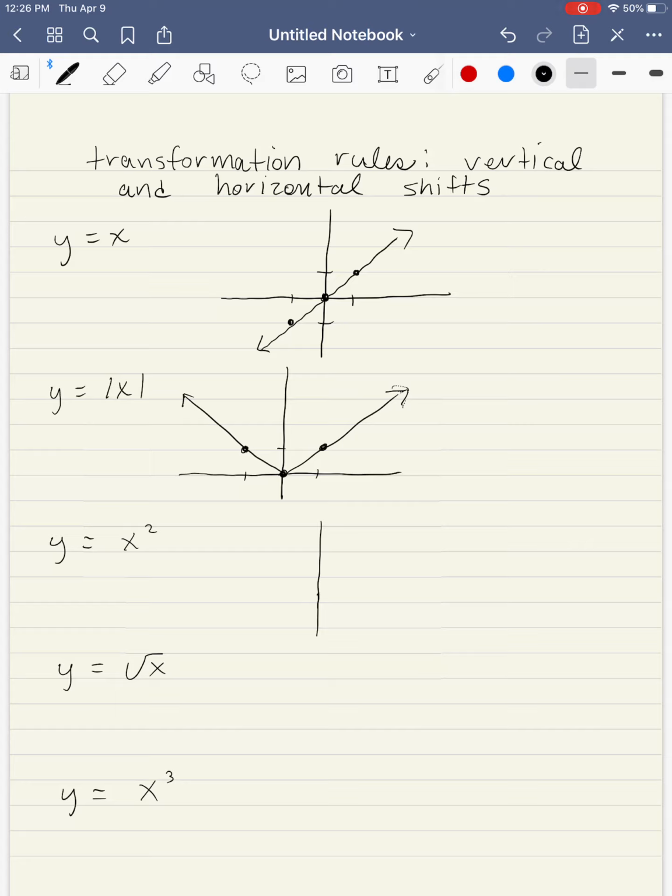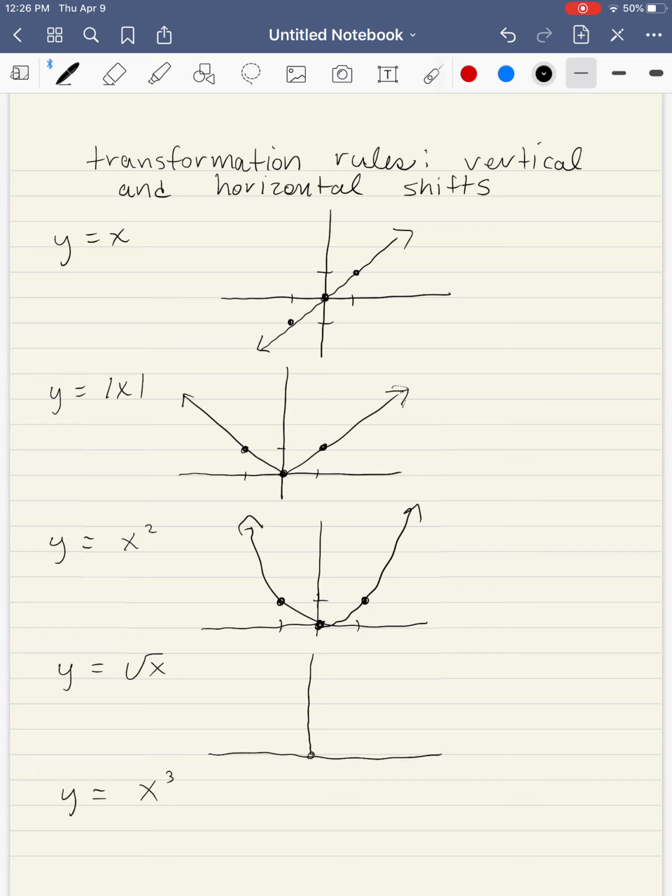But we know that our basic shape is a parabola. So 0 squared is 0, 1 squared is 1, negative 1 squared is 1. So we have the same 3 ordered pairs we had on the absolute value, but we have to memorize or know that we have a nice curved parabolic shape.